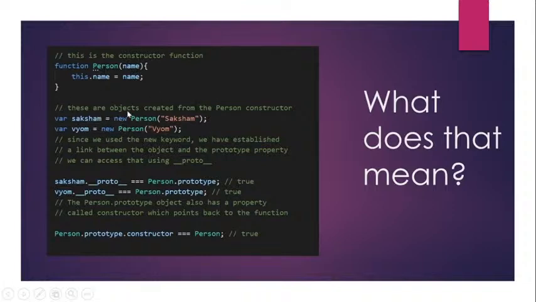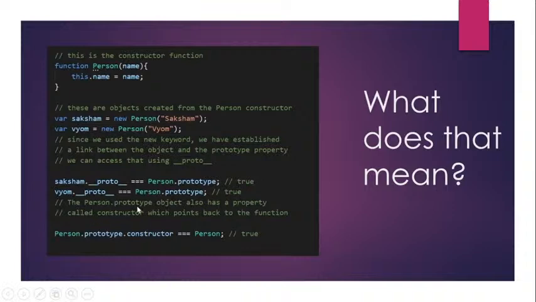Since we use the new keyword, we have established a link between this object and the prototype property of this constructor function. We can access that using dunderproto. So this object with dunderproto links to person.prototype, where person was the constructor function. And if you execute these two lines, it will result in true.